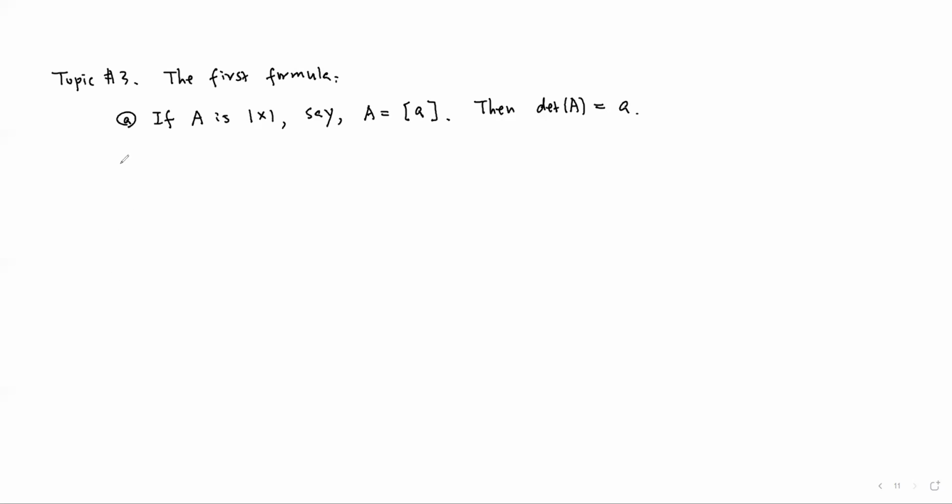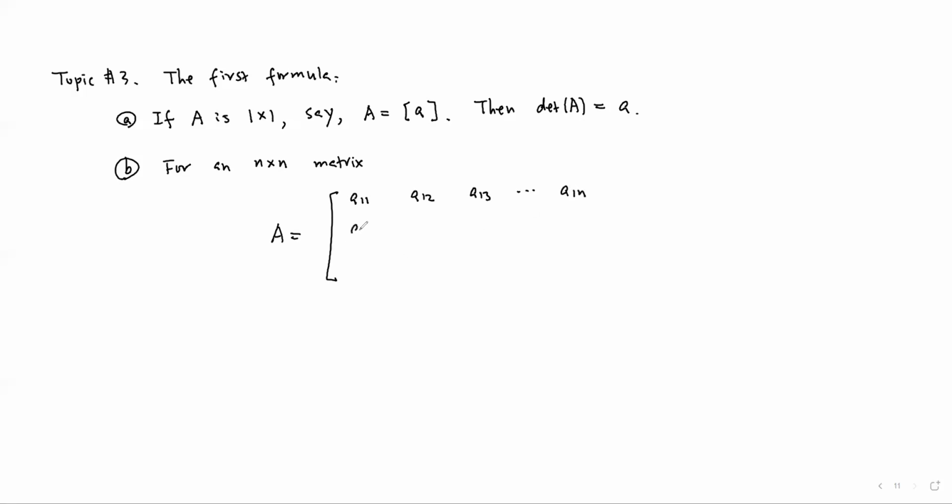Now B. For a general n by n square matrix, let me write this matrix in detail. First row: A11, A12, A13, and so on, A1n.